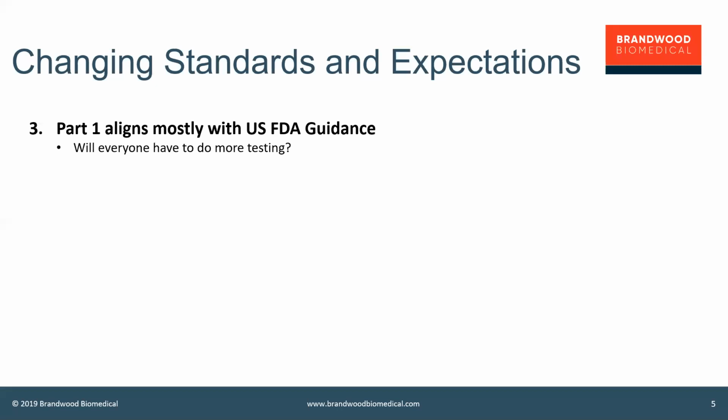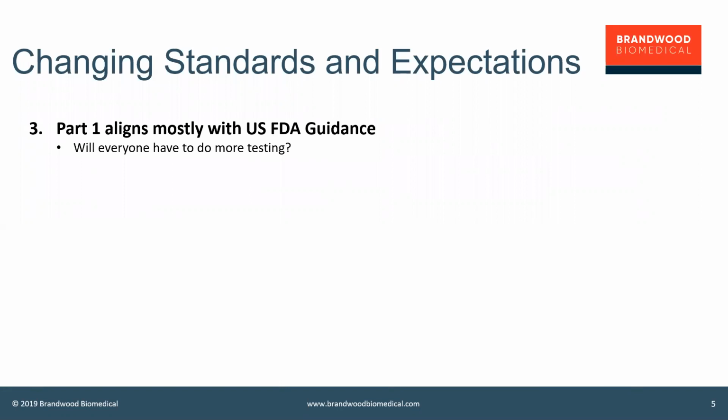Table A1 is, of course, that big matrix at the back of the document, which lists all the possible endpoints that you might want to consider according to the exposure and duration of contact of your device. So for more invasive devices, you tend to need to think about more things.